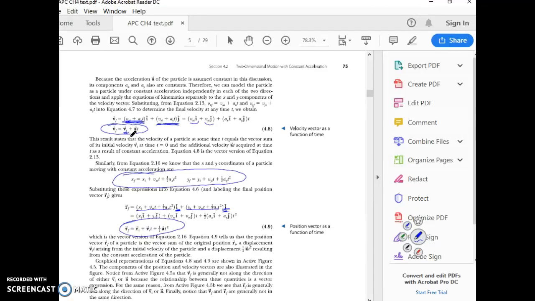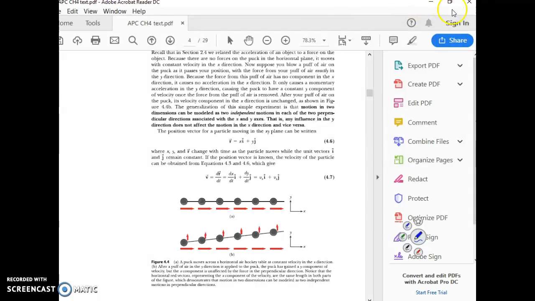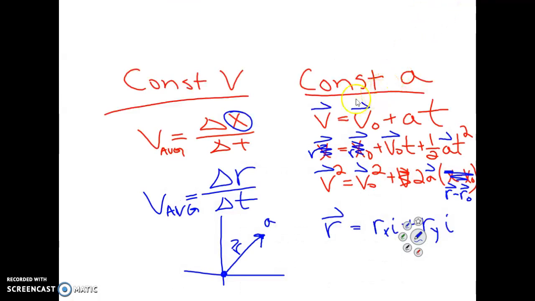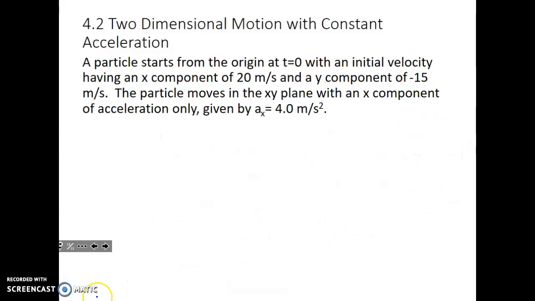So let me see if I can go through an example that might help you get started. It says a particle starts from the origin at t equals 0 with initial velocity having an x component of 20 meters per second and a y component of negative 15 meters per second. So that's a velocity vector with a 20i minus 15j.